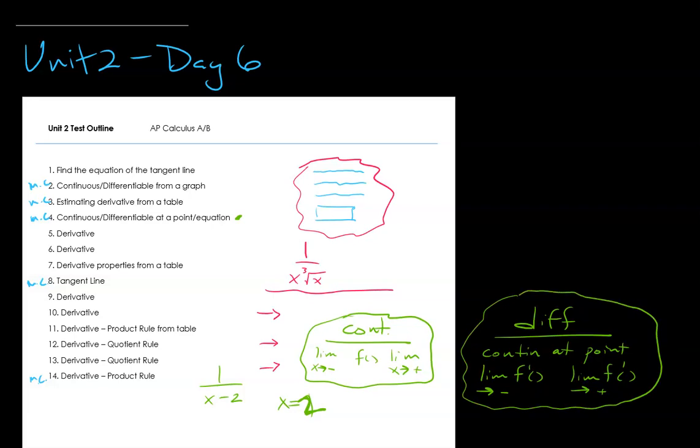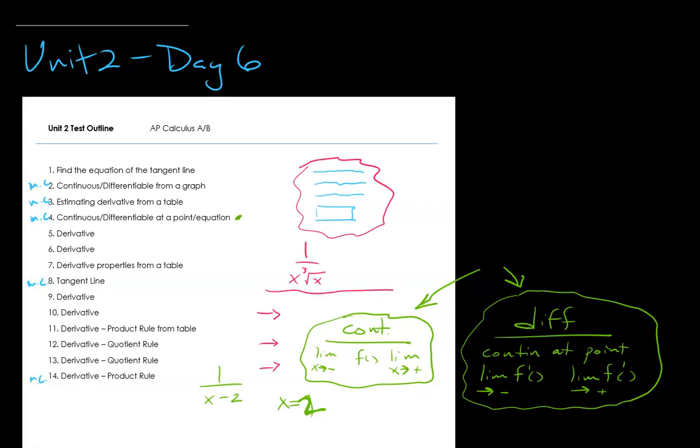So whatever equation you have, whether it's a fraction, a polynomial, a piecewise function, or an absolute value, this is the information you're going to need to check either mentally or writing down.